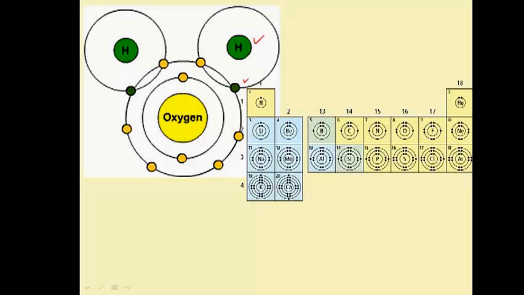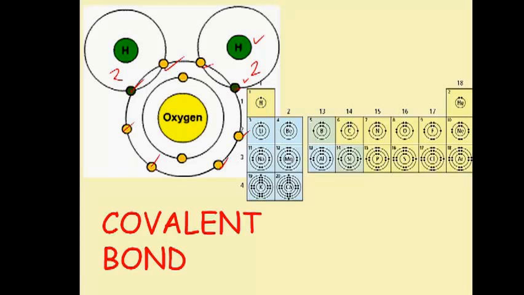So what hydrogen and oxygen end up doing is they share their electrons, and oxygen will share 1 electron with each hydrogen atom so that each hydrogen atom believes it has 2 electrons. And because each hydrogen atom is sharing its lone electron with oxygen, the oxygen believes it has 8 electrons in its outermost shell. This forms a very strong bond called a covalent bond.